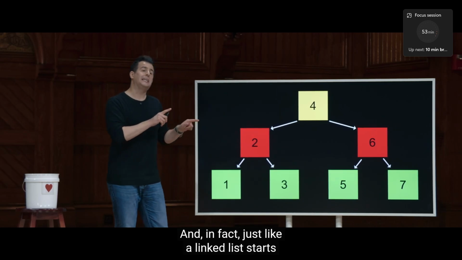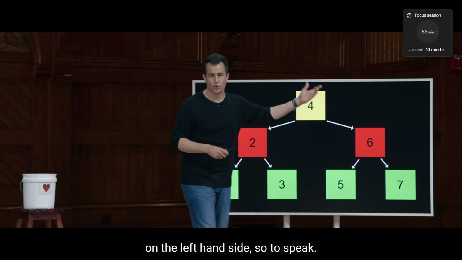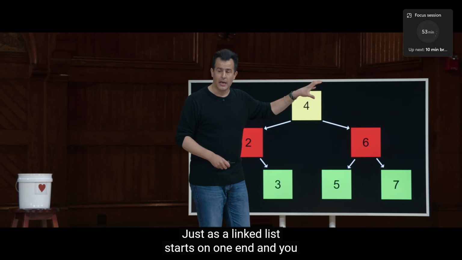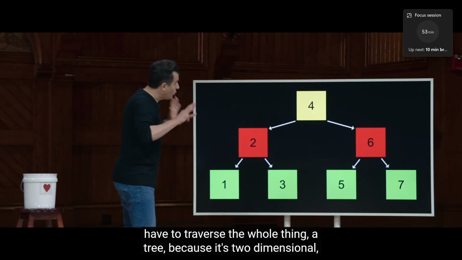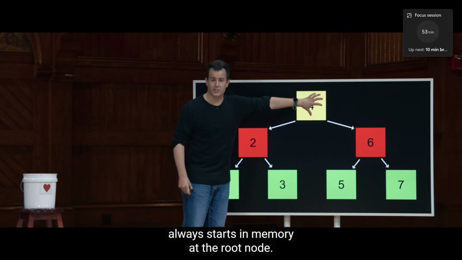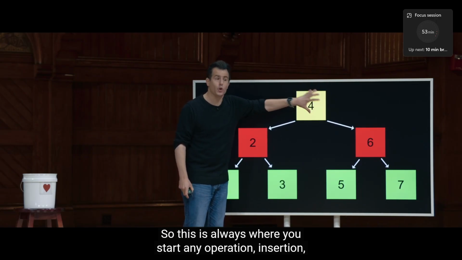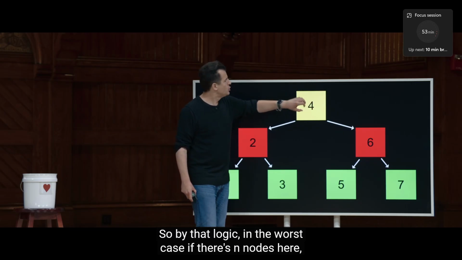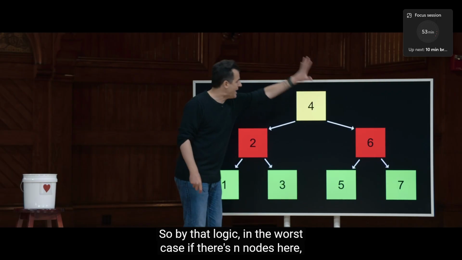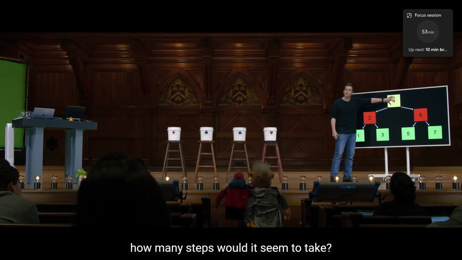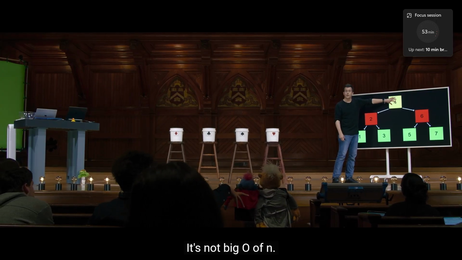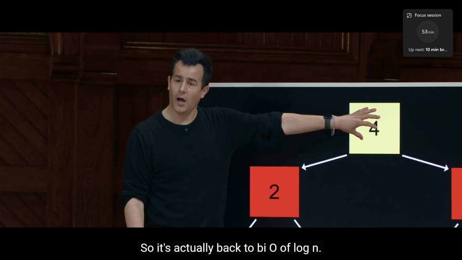Just as a linked list starts on one end and you have to traverse the whole thing, a tree, because it's two-dimensional, always starts in memory at the root node. So this is always where you start any operation: insertion, deletion, searching. By that logic, in the worst case, if there are n nodes here, how many steps would it seem to take? It's not big O of n, but actually back to big O of log n.